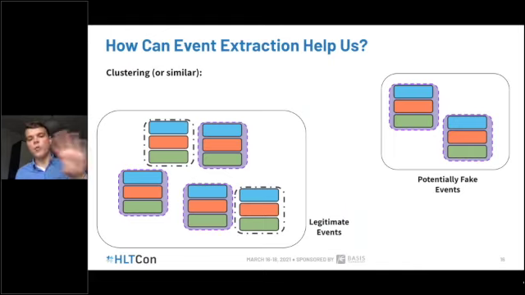And you can say, okay, well, these are just actual discourse about these real events, and that's totally fine. But then, on the other hand, you might end up with something like what you see on the right, where you have these events which were not clustered together with anything else, and so potentially these are fake news events.